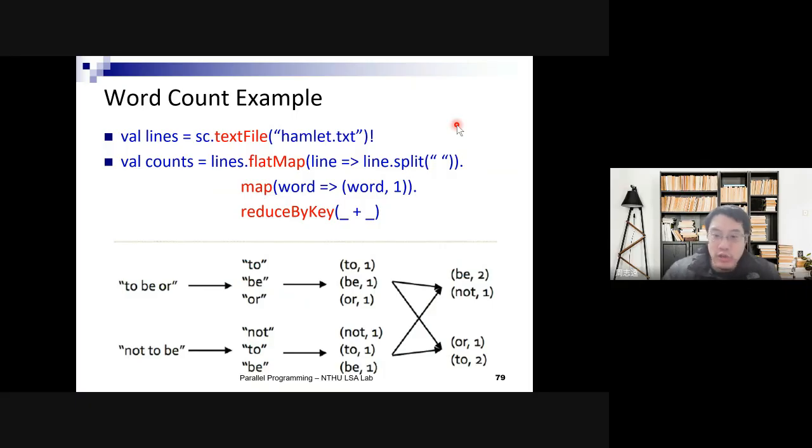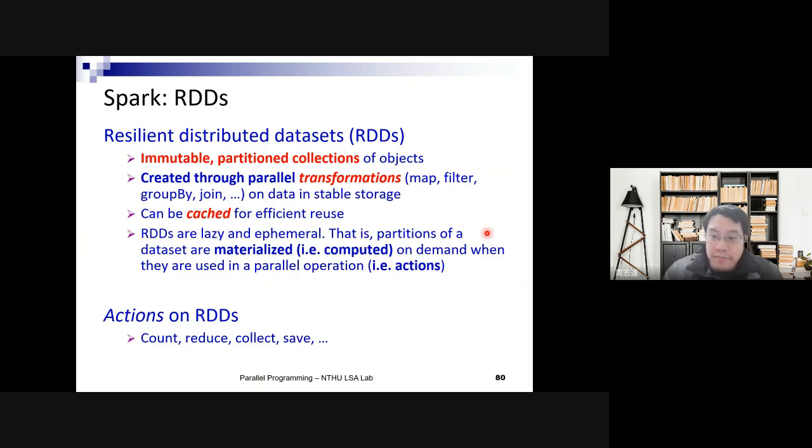Okay, so it's more powerful and it's also easier to write, right? Okay, so that's how you can write Spark code. Okay, we will just stop there and then switch gear to explain the most important part.